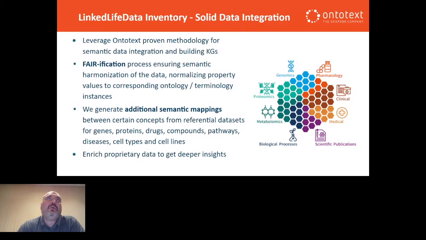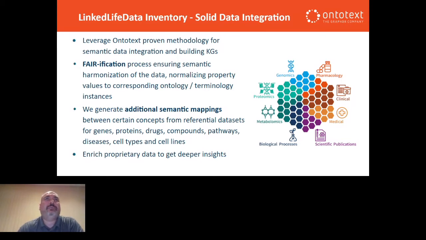We augment the publicly available data where necessary with additional semantic mappings that significantly improve the connectivity between the datasets in the inventory, allowing the traversal of the knowledge graphs that you build within the inventory, with those additional links that bridge the gaps between the datasets.